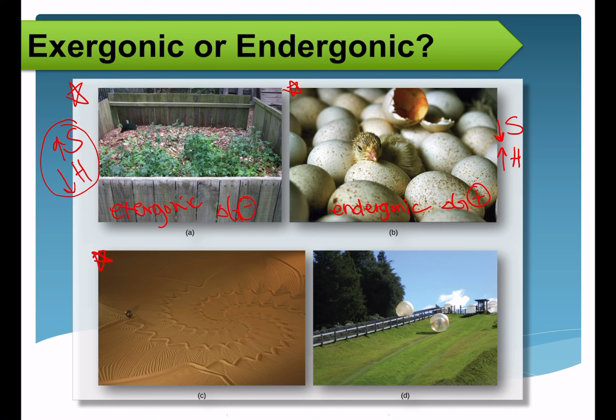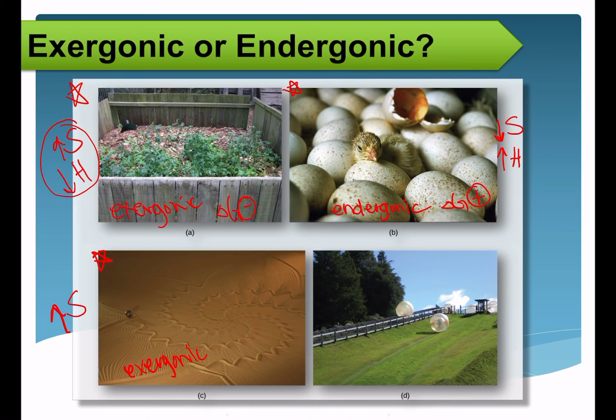Is this an exergonic reaction or an endergonic reaction? An easy way to think about it is: is this getting more messy or more ordered? It's getting more messy. So an increase in entropy value makes it an exergonic reaction.